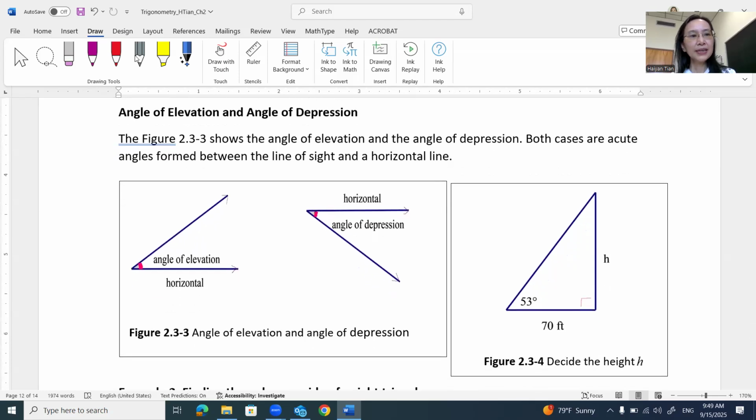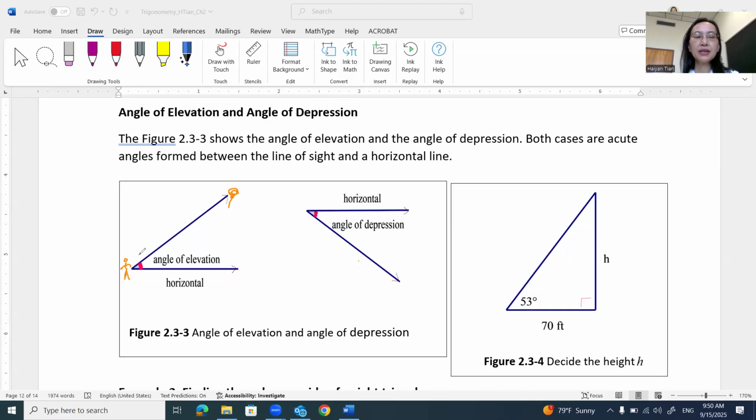Now we look at the angle of elevation and angle of depression. So when you look up, for example, into the sky, suppose there's a little balloon, right? And then you are standing here. So this is a person.